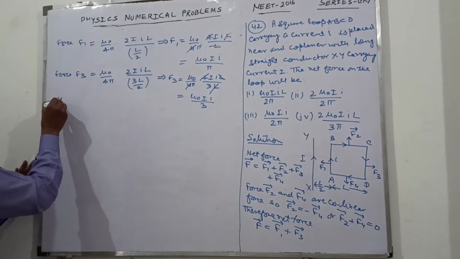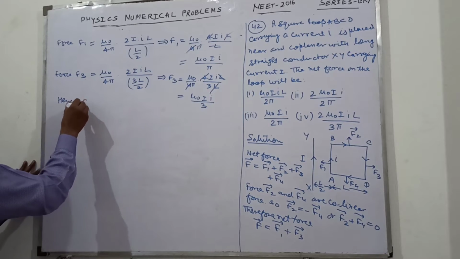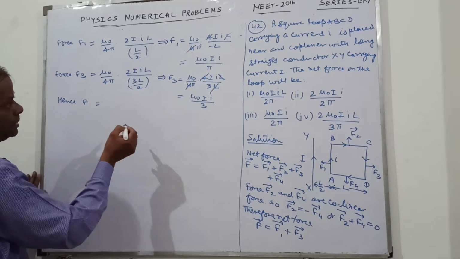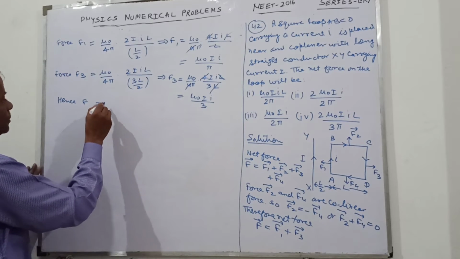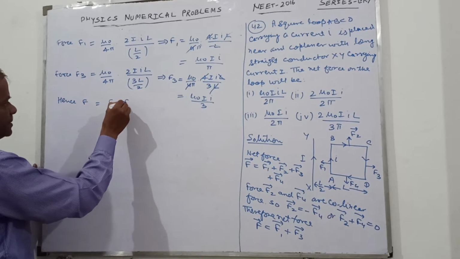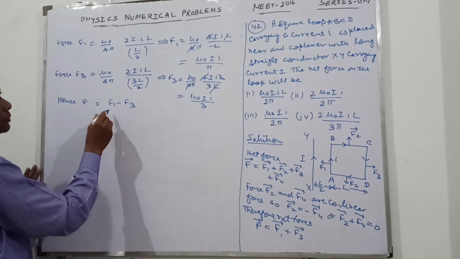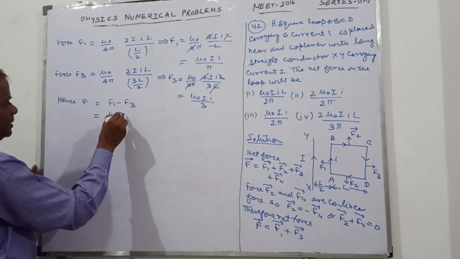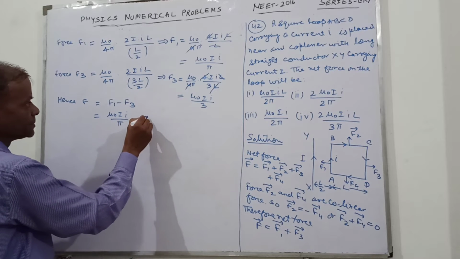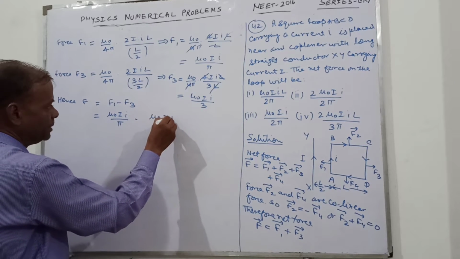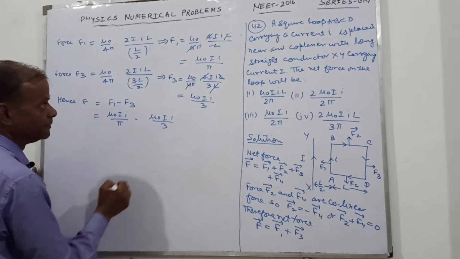Hence, to find the net force, F equal to, both are in opposite directions, so we have F1 minus F3. So mu naught I into I upon pi minus mu naught I into I upon 3.